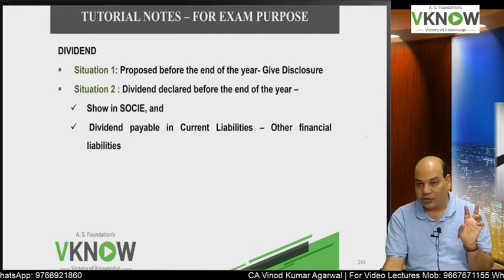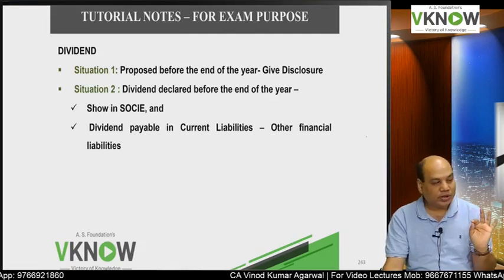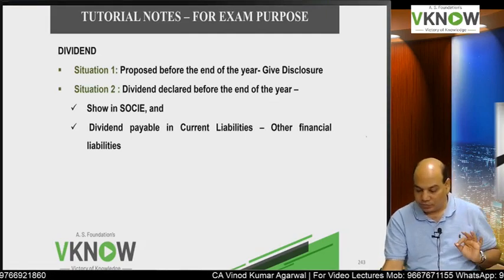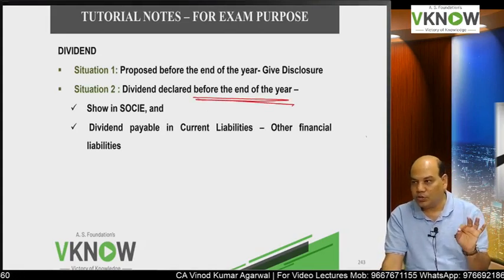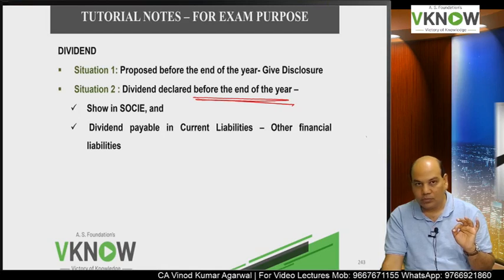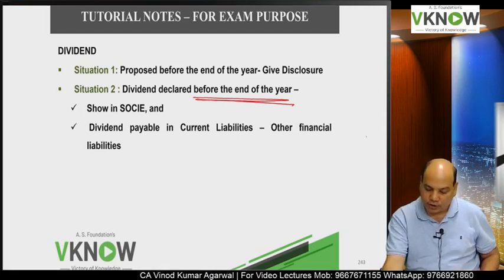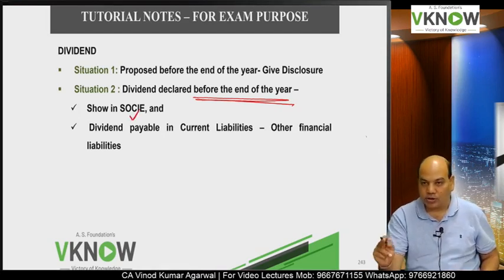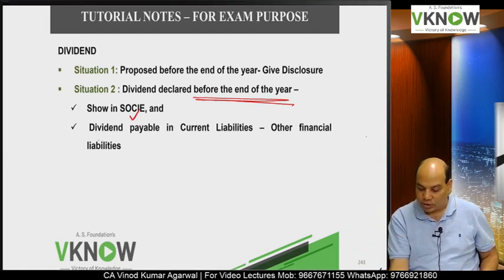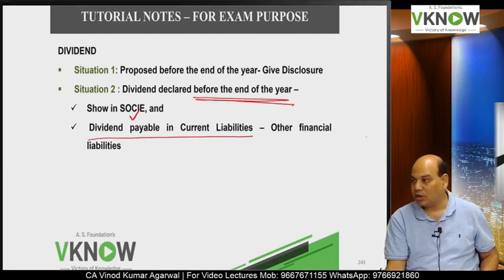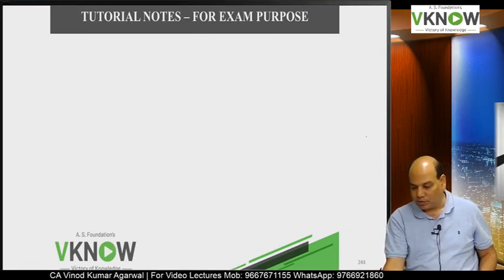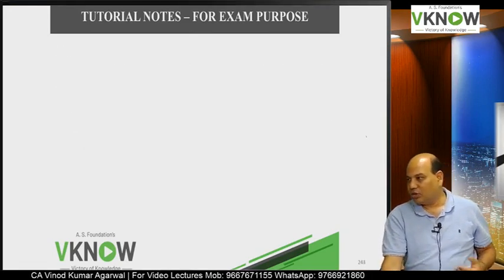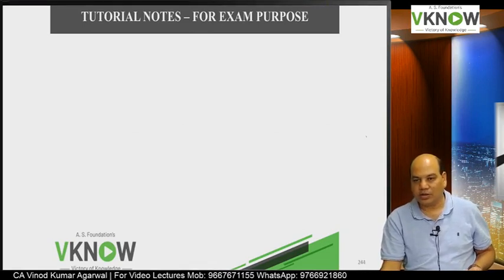But if dividend is declared, check the timing of declaration. If it is before the end of the year, which we have assumed in this question, then you will give one effect in SOCI, deduction from retained earning, and the other effect will be in current liability, other financial liability, because dividend is usually payable within 30 days after declaration.